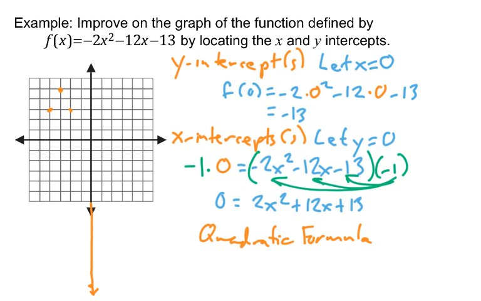Let's get a clean sheet of paper here and rewrite what the equation is that I'm going to solve. 0 equals 2x squared plus 12x plus 13.